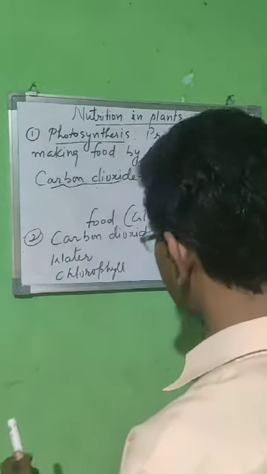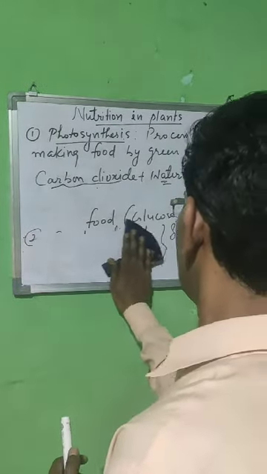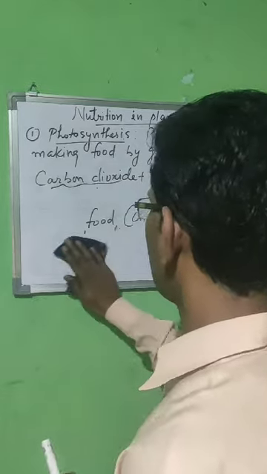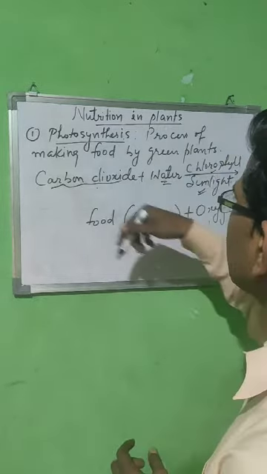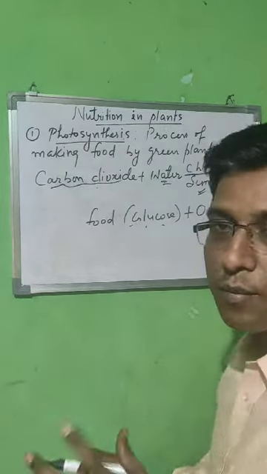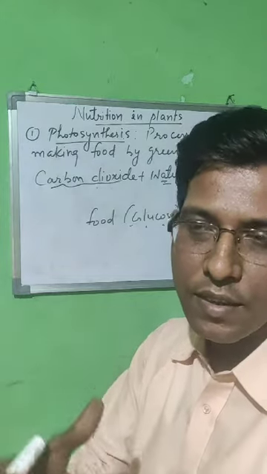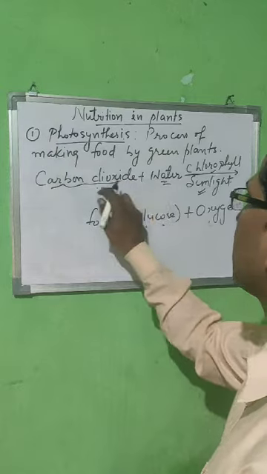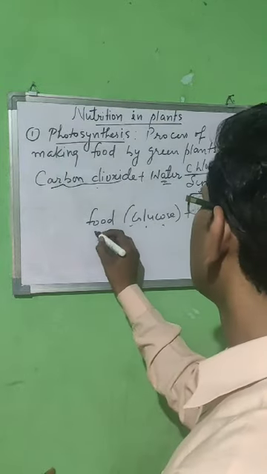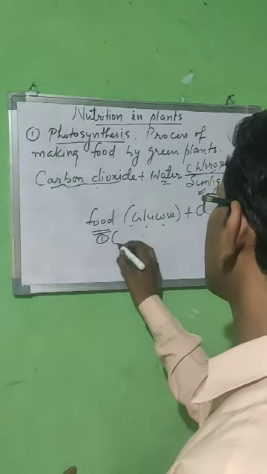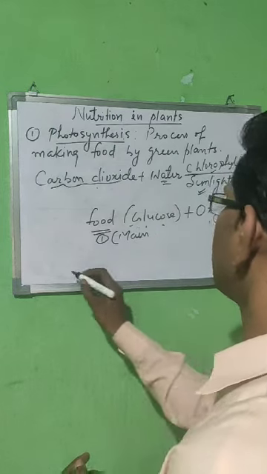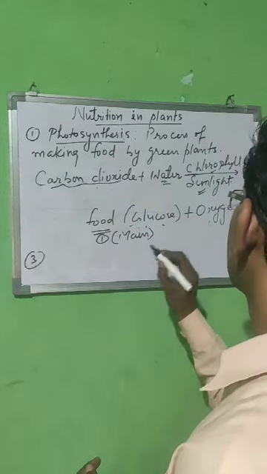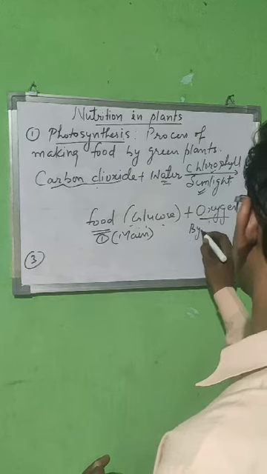Come to the third question. In this question also, what are the important things that are released during this process. After this biochemical reaction, this is the main product, and this is your byproduct.